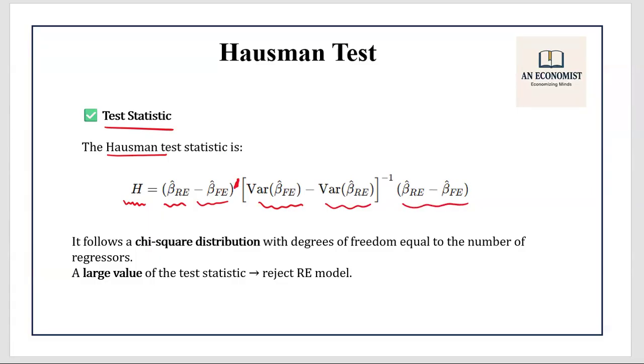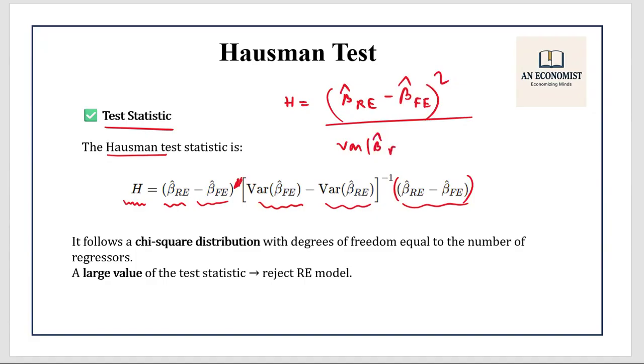This is written in the matrix format because we do not know how many regressors are there in the model. If you take the simplified case of only one regressor, then the statistic will boil down to beta cap RE minus beta cap fixed effect, the whole squared, because you have the transpose and another term that get multiplied. Then the inverse comes here: the variance of beta cap fixed effect minus the variance of beta cap random effect.